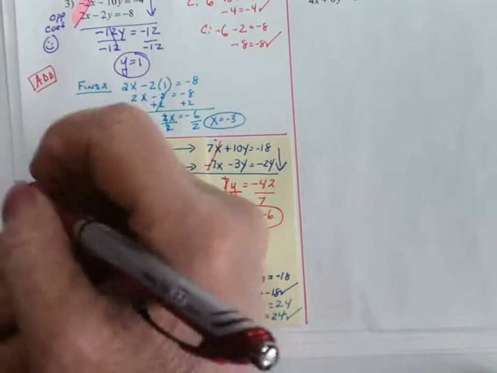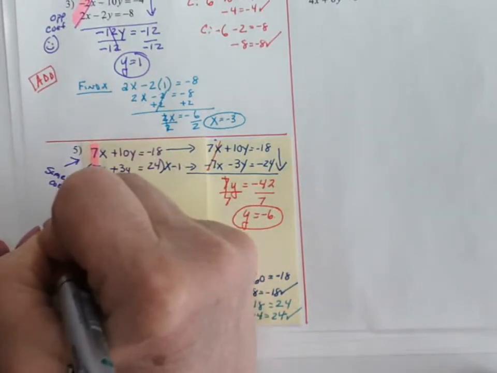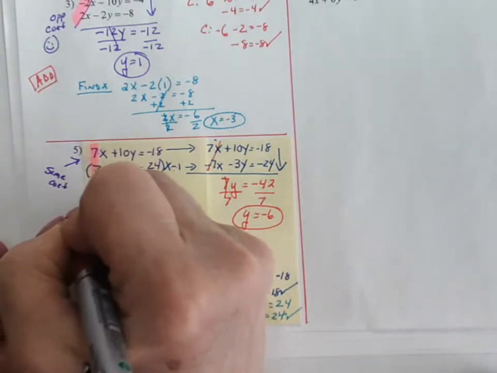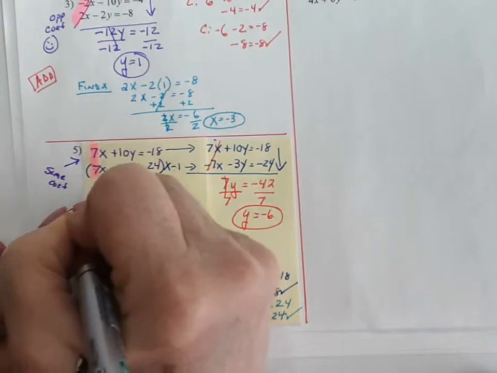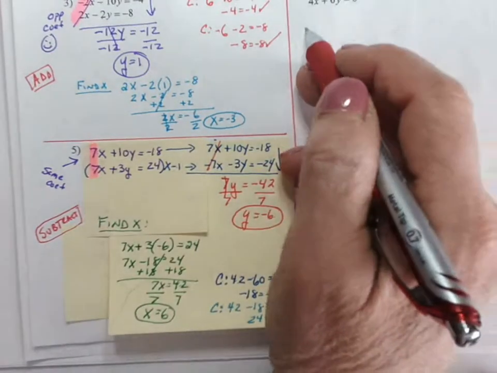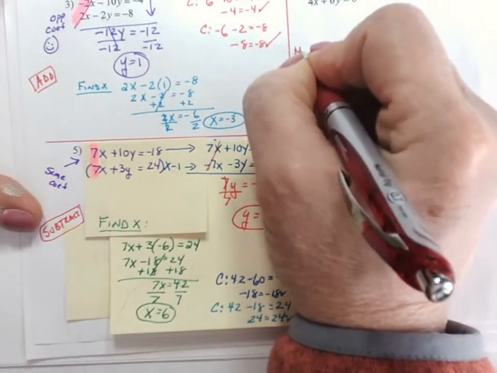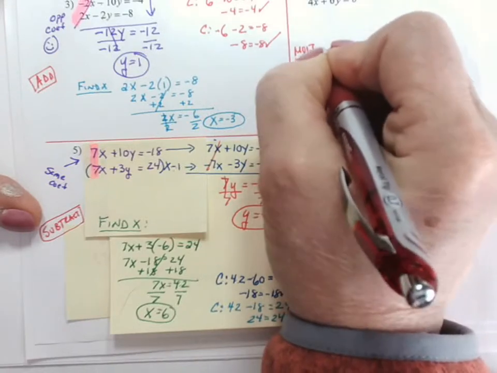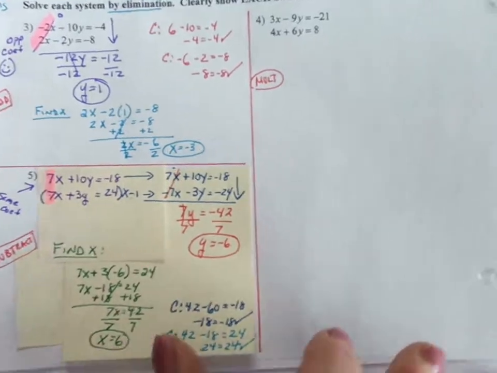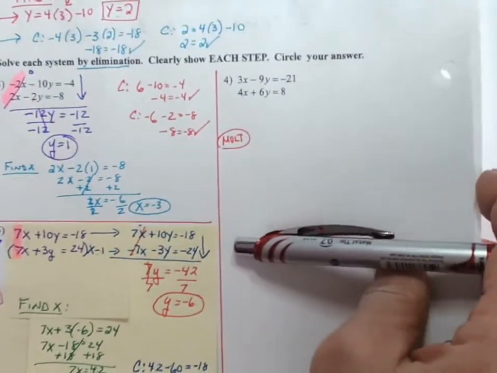So this one is called the subtraction method. And now I'm going to do the third problem, because this one is called the multiplication method.